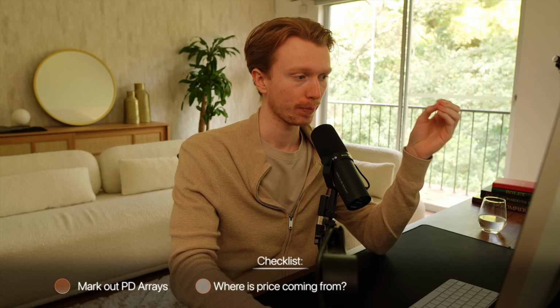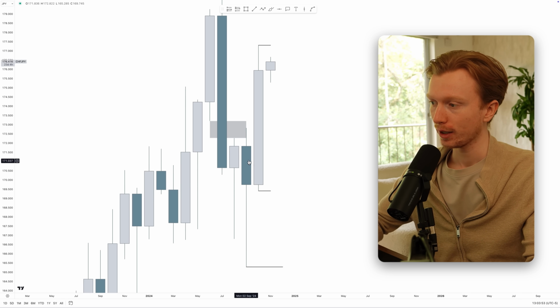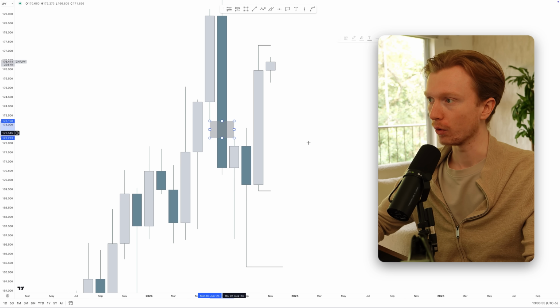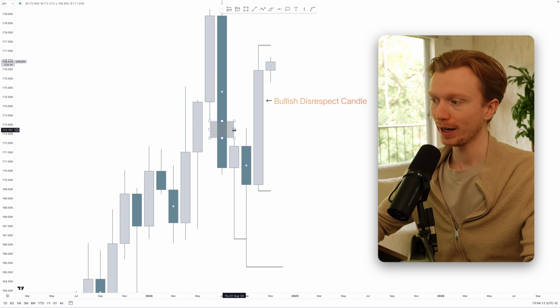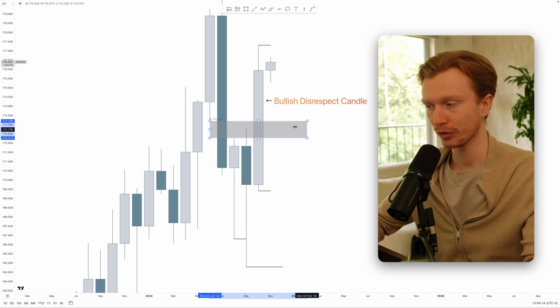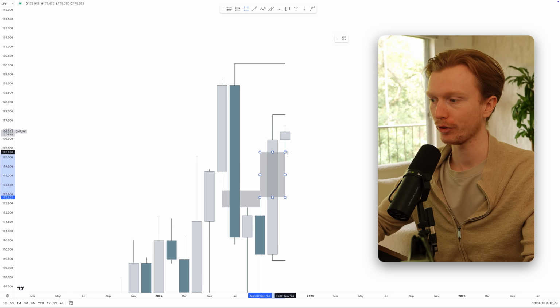Now ask ourselves the question, where is price coming from? Well, price came into this monthly fair value gap right there, had a sting into it, then tried to deliver lower towards this previous month's low. After reaching this previous month's low right there, it continued higher overall, disrespecting the previous bearish fair value gap that we had right there and creating potentially a bullish fair value gap right there.